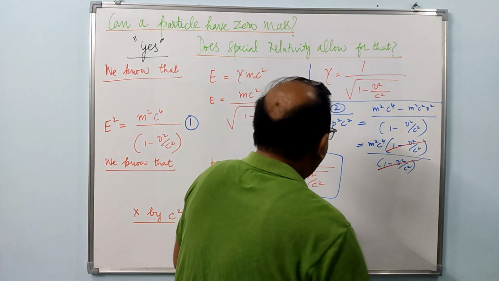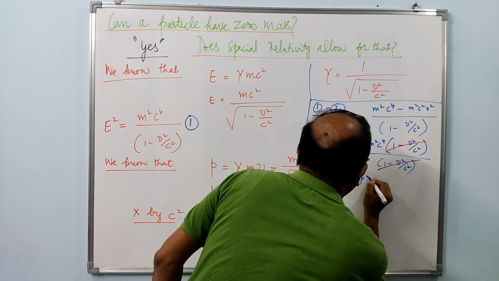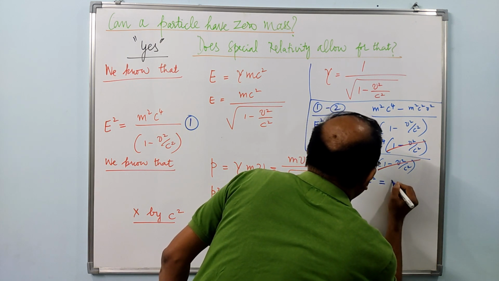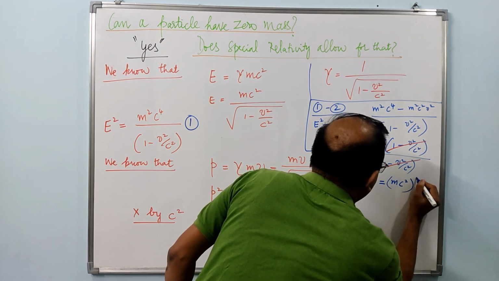Therefore, our left hand side has E squared minus p squared c squared, whereas our right hand side has (mc squared) whole squared.